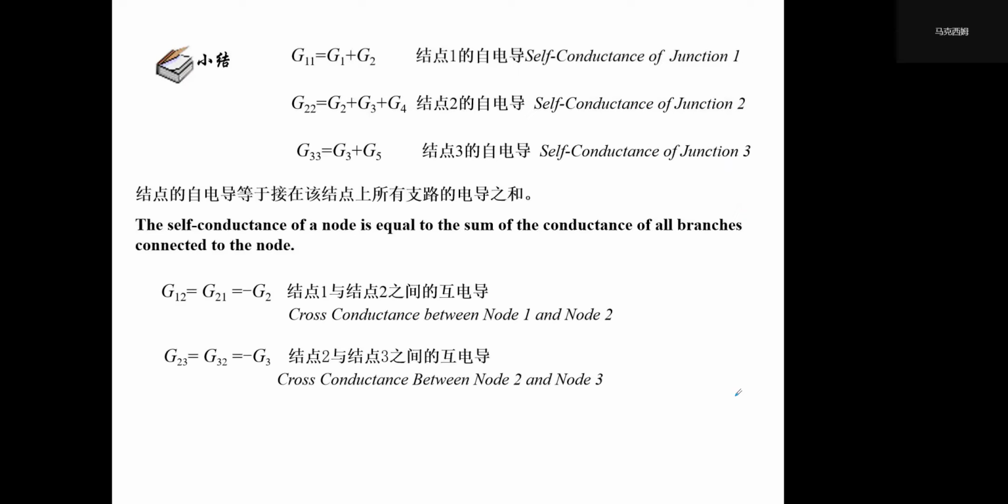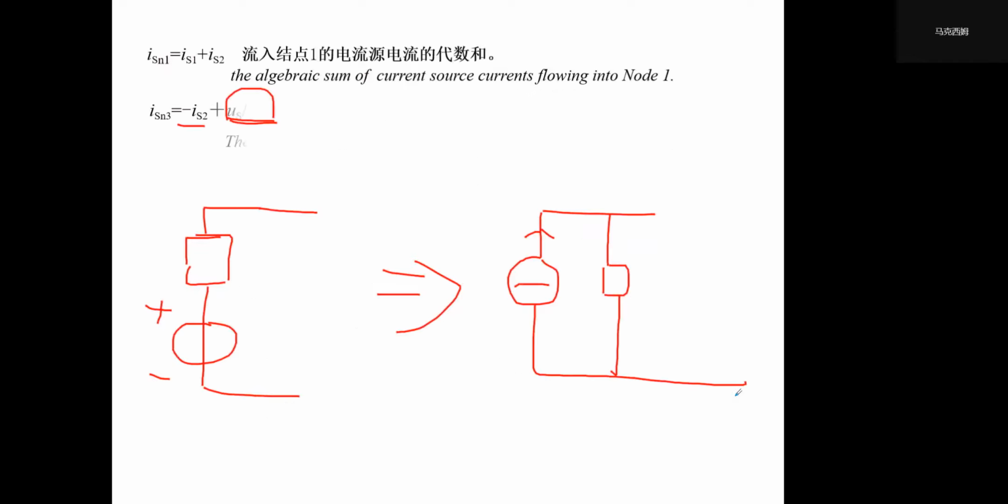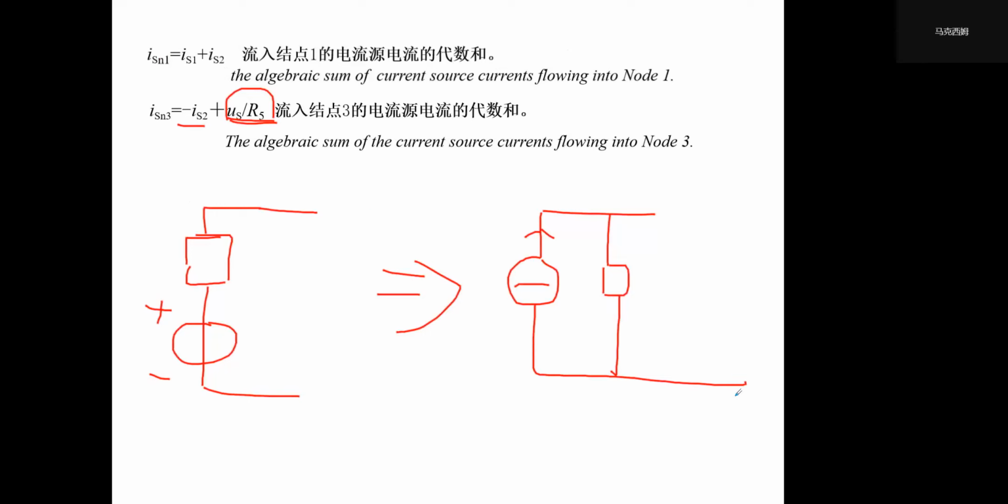This is how we calculate the self-conductance for a node and the cross-conductance between two nodes, and calculate the algebraic sum of the current sources flowing into one node.